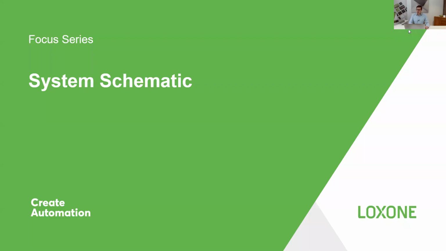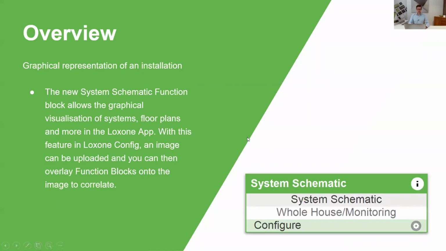So we're going to take a look at what System Schematic is, what it does, what it's there for, and how we configure it. So, System Schematic, you can think of it like an overview block. What it allows us to do is give a graphical representation of something in the installation.